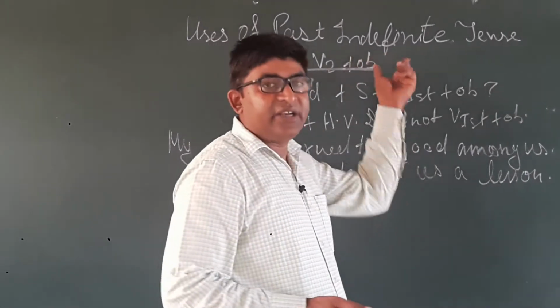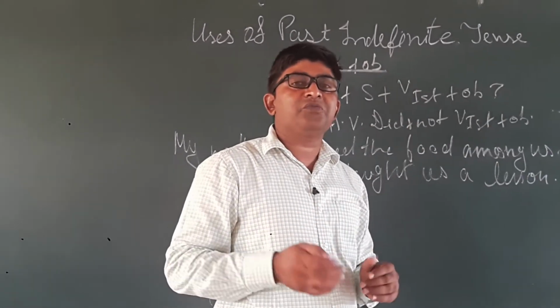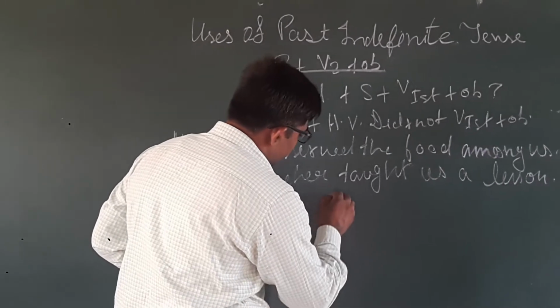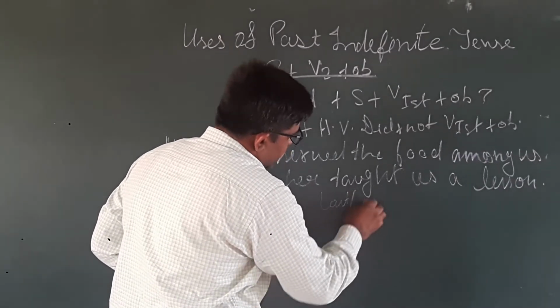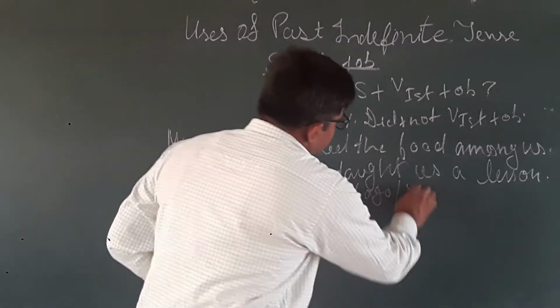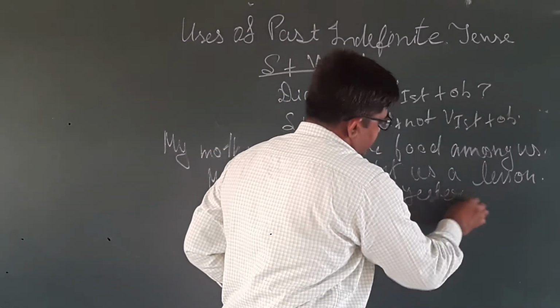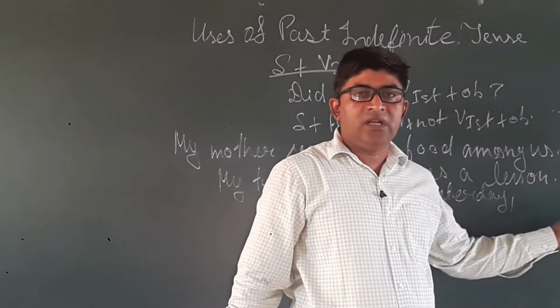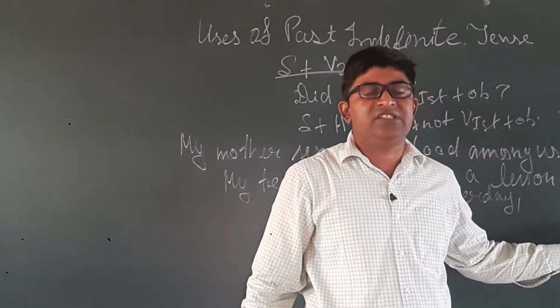In this way, to express any activity that has already taken place, we use past indefinite tense. In many sentences we find the use of last, ago, yesterday, last week, last month, last year.